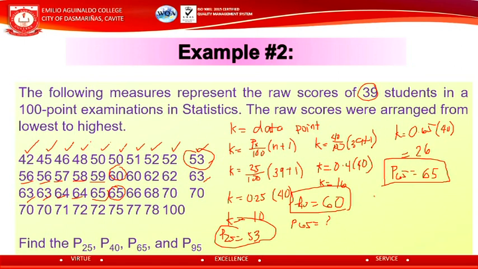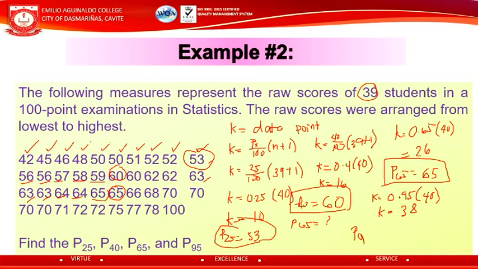And lastly, we have P95. So k is equal to 0.95 times 40. That is n plus 1, 39 plus 1 is 40. So k will now be equal to 38. It is located at the 38th data point. But 38 is not the answer yet because we have to find this data point.